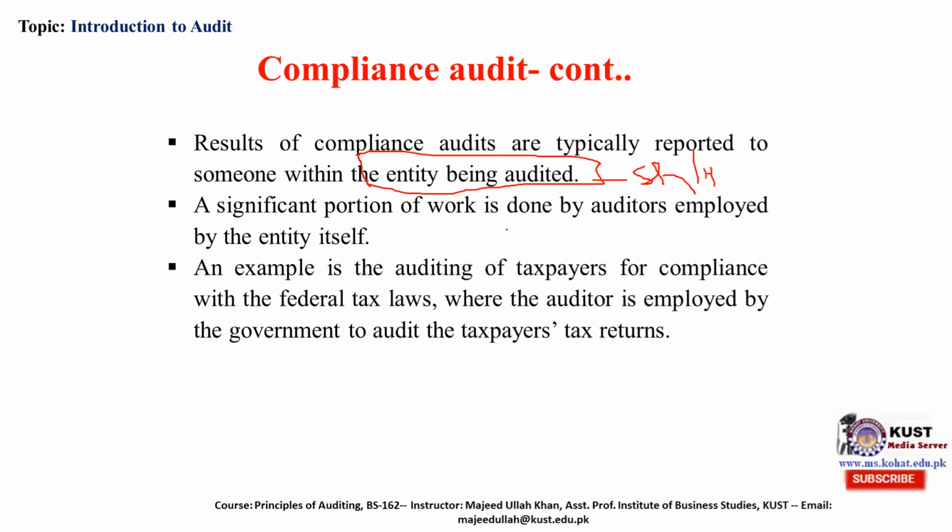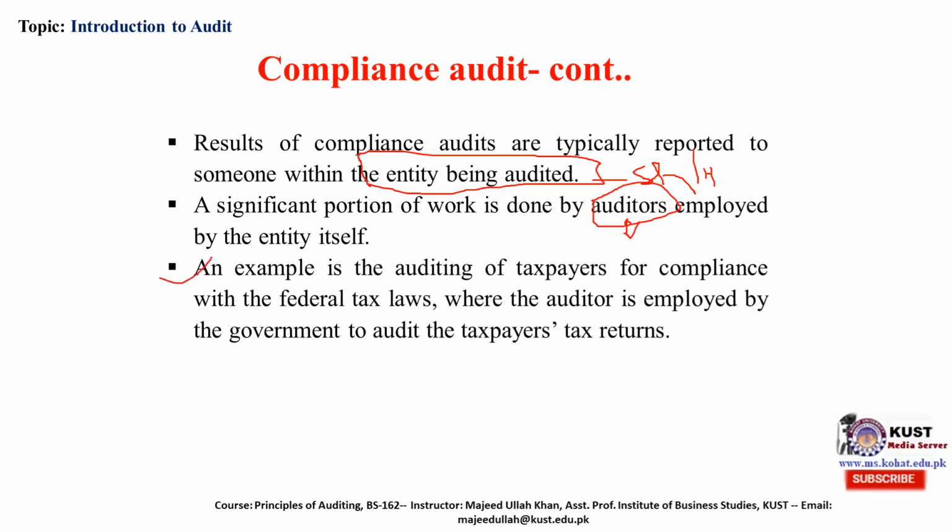A significant portion of the work is done by auditors employed by the entity itself. Means these are the internal auditors, not the external auditor. So mostly the work is done by them. The external auditor just comes to check whether the company staff is complying with these internal controls or not.